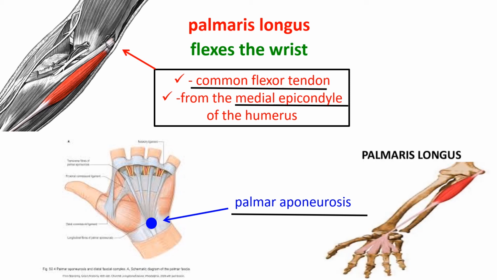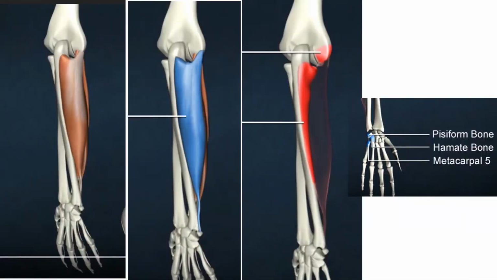This is another image of the palmar aponeurosis. Now here we have a muscle, so let's ask ourselves a few questions and try to answer them.